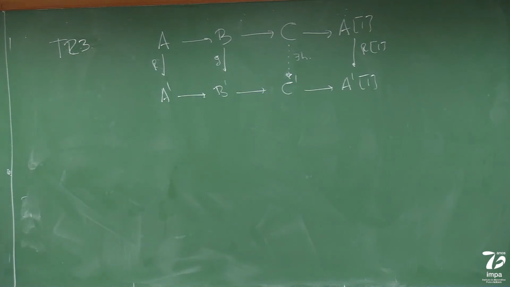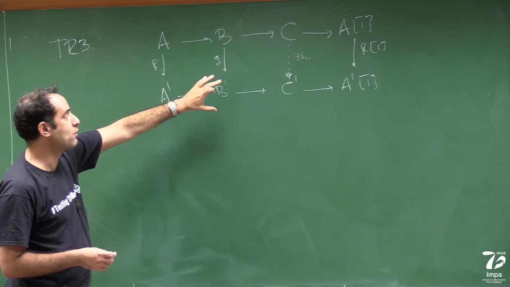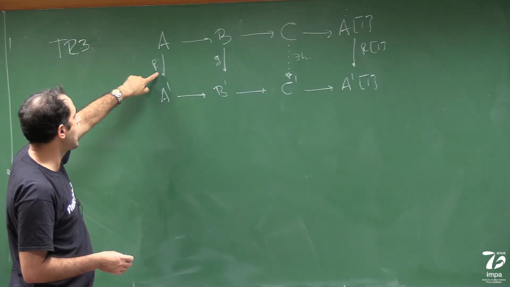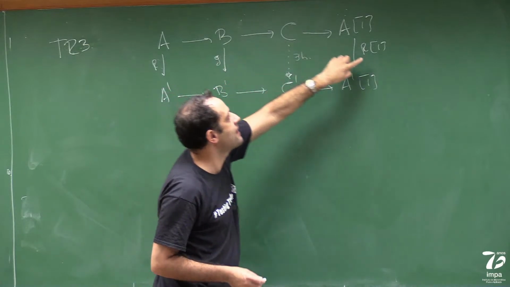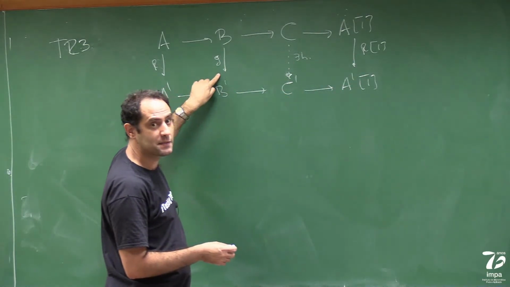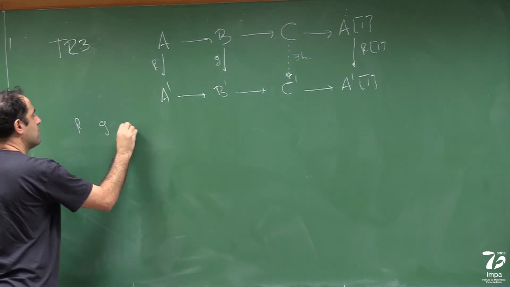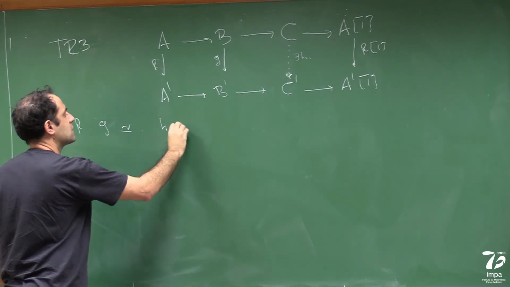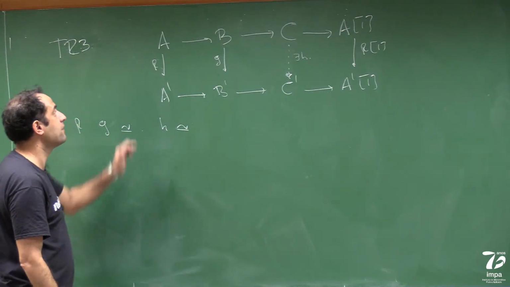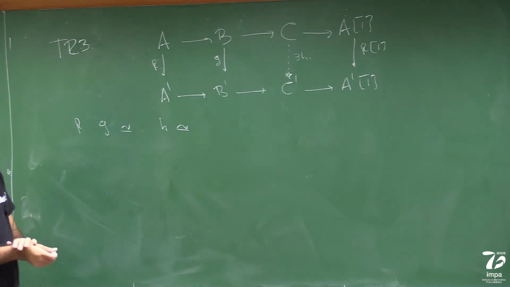Okay, so now we see that things are starting to get interesting. Also, once you have that this is a morphism of triangles, it's easy now that if F and G are isomorphisms, then H is also an isomorphism. And then this becomes an isomorphism of triangles.